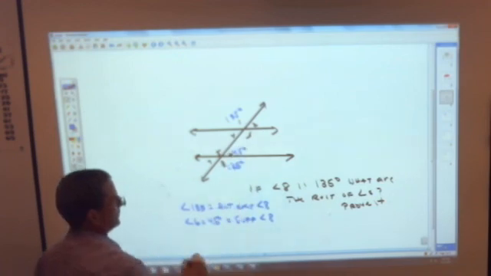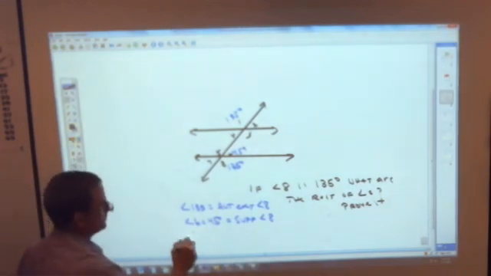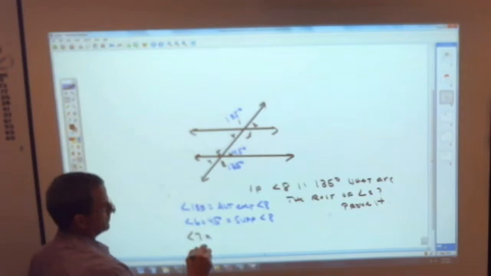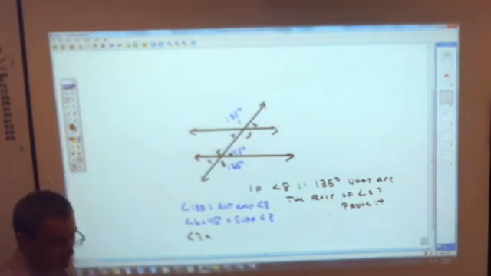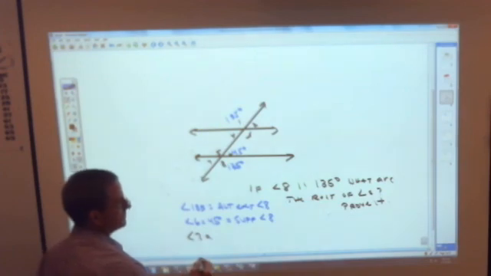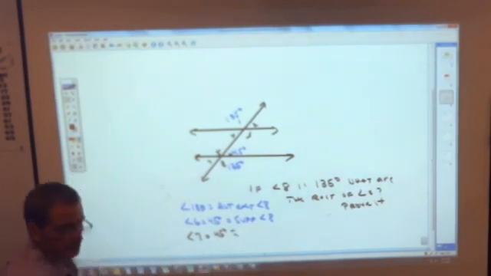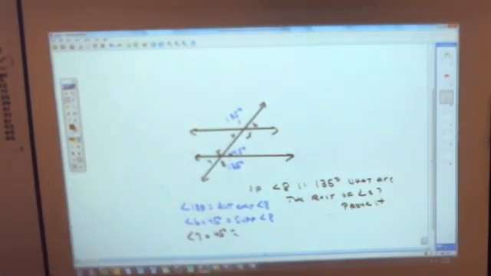Now you're talking. What else? Tell me the rest. Somebody give me another one. Angle 7 is 135 degrees. Angle 7 is not 135 degrees. Oh, it's 45 degrees. Now, there are multiple reasons you could tell me that. What is one of them? It's adjacent to angle 8.